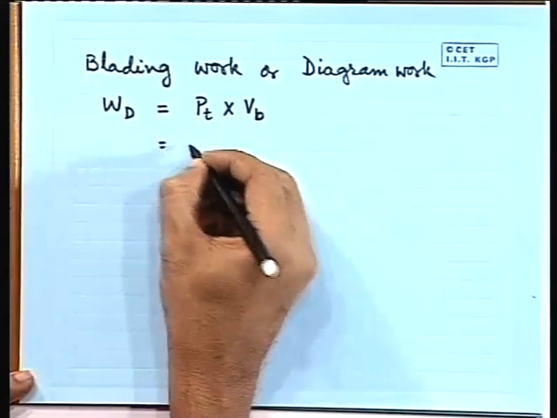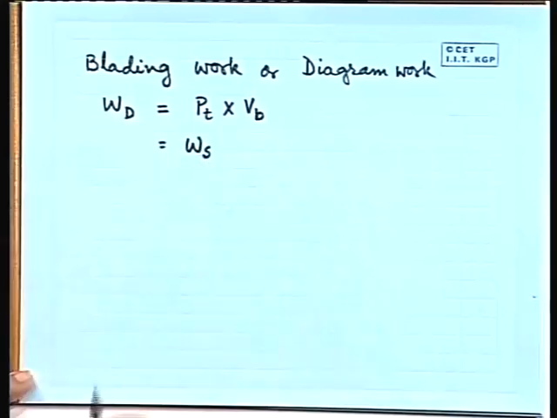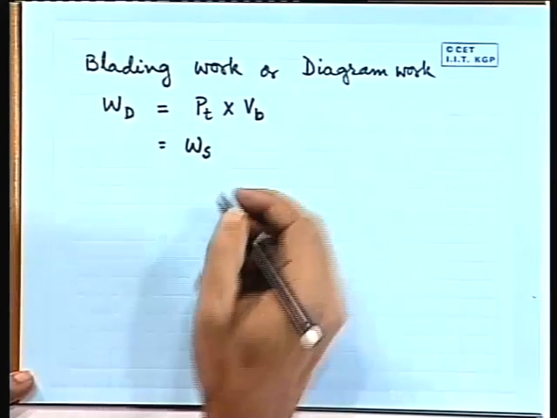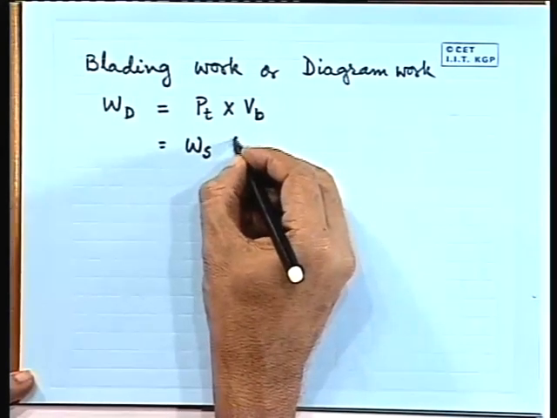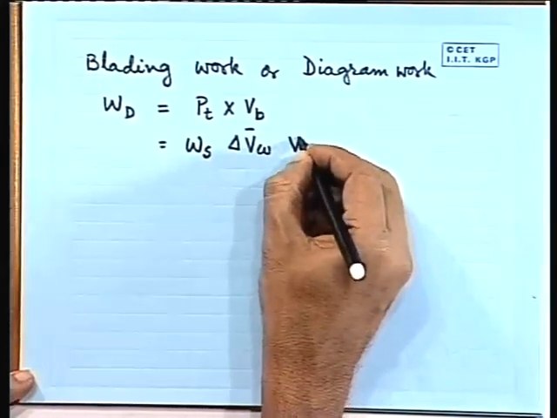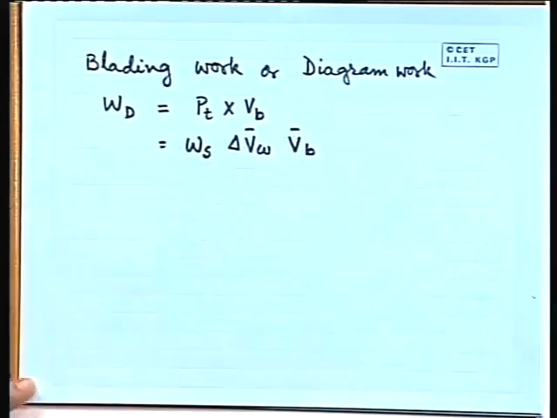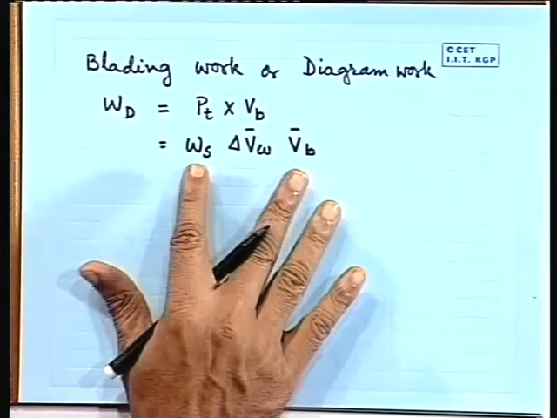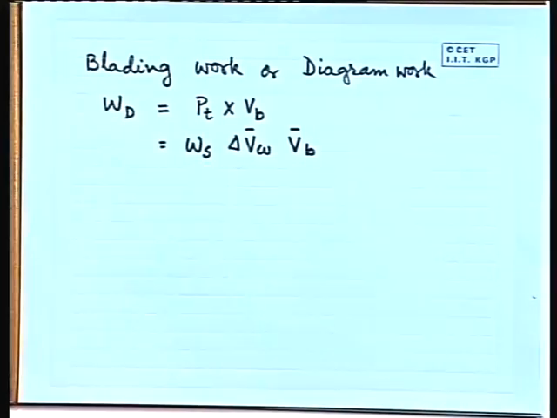So, that means we will have the steam flow rate into delta V omega into V. So, this will be the blading work or diagram work. This is the amount of energy which is coming out as external work or as the useful work out of a turbine.